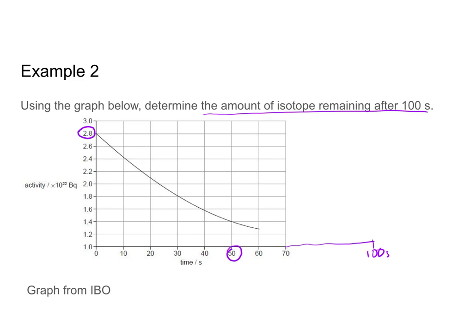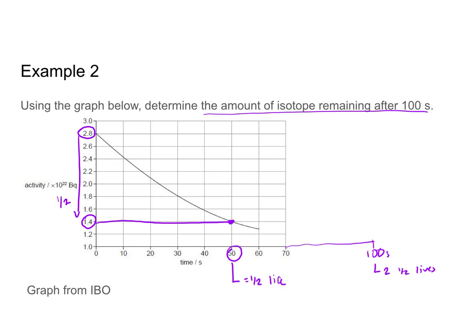So if I go down to 1.4, so that's when my activity is being cut in half, what that tells me is whatever time that's at, that is 1 half-life. So what this means is that 50 seconds is 1 half-life. So that means that 100 seconds is going to be 2 half-lives.